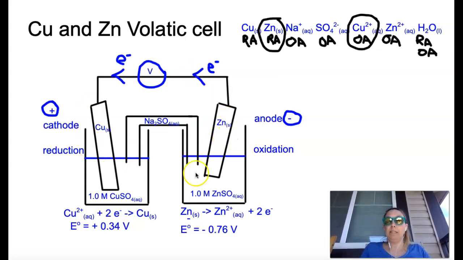We need to complete the circuit. Without the salt bridge, we don't have a complete circuit, right? We would have electrons wanting to flow this way, but then it would all stop. We've always talked about how charges have to be balanced. If our electrons are flowing and there isn't some other type of flow, there is going to be a charge imbalance. So this is why we need a salt bridge.